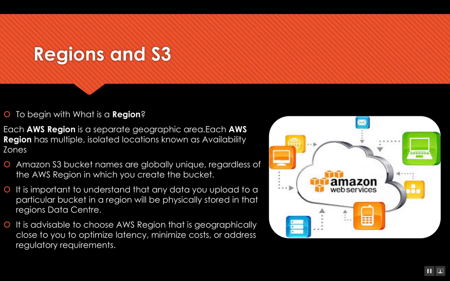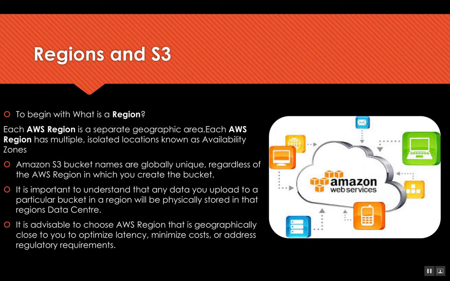But then what is a region? A region is basically a separate geographic area, and each AWS region has multiple isolated locations which are known as availability zones. Now, I have talked about region because this is to make sure that you remember the very most important point, that Amazon S3 bucket names are globally unique.